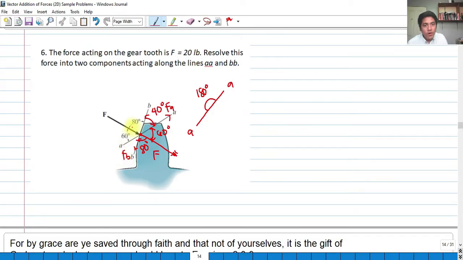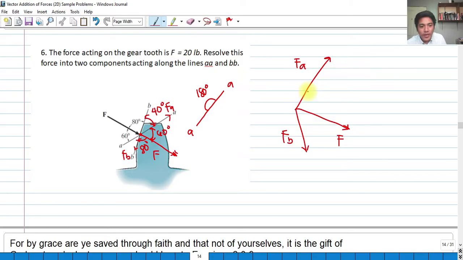So if I'm going to draw that, let me just really try my best, though I'm not really good at drawing. This is our FB, F sub B, and this is our F now. This is the projection of F into A.